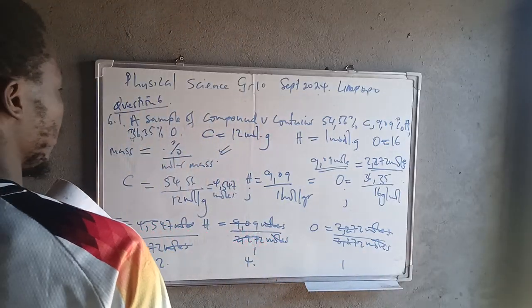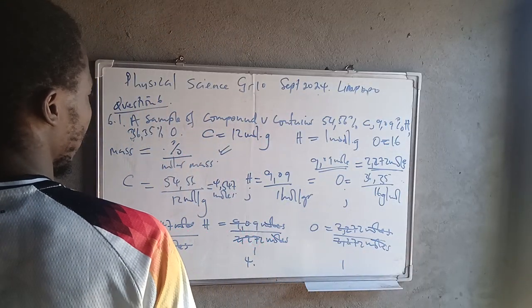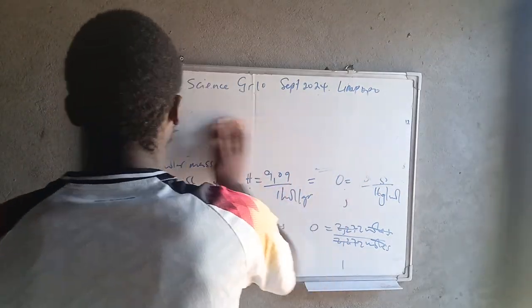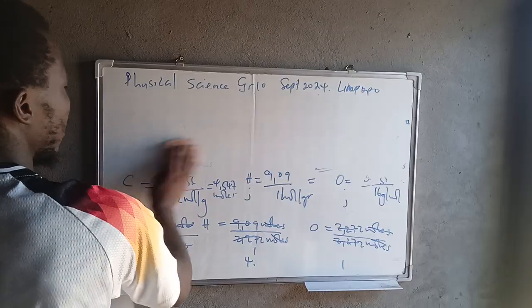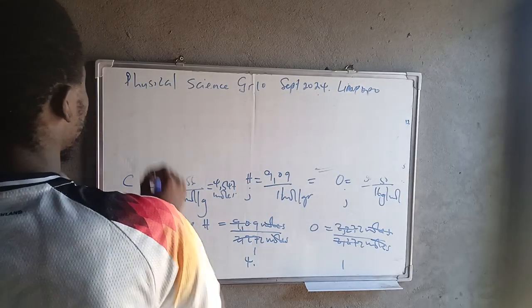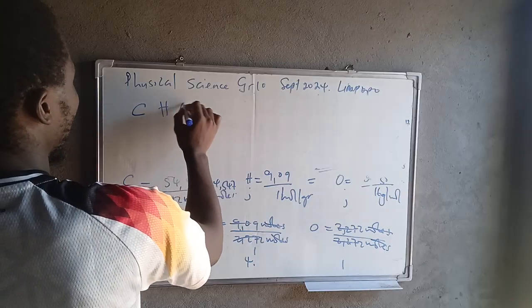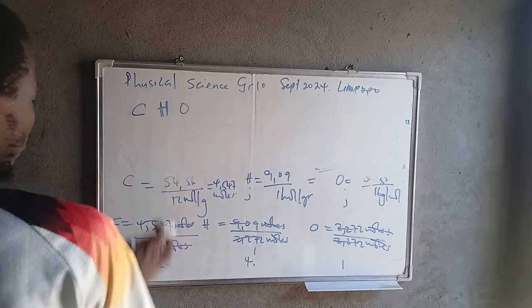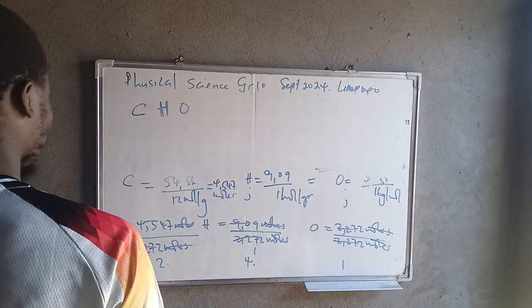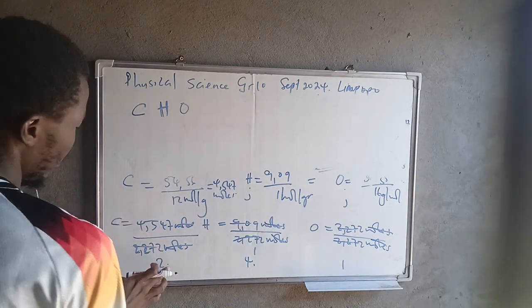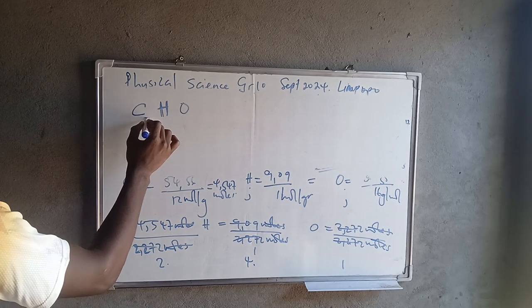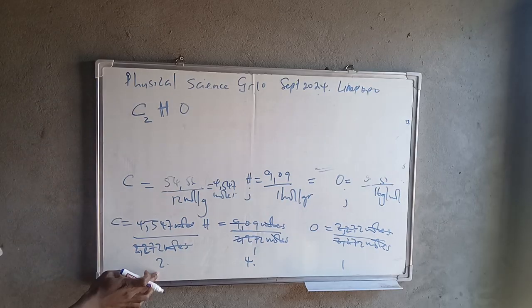So now the empirical formula will be, we write the atoms that make the compound, CHO, and then write each number where it belongs. For carbon we have 2, so that is C2.